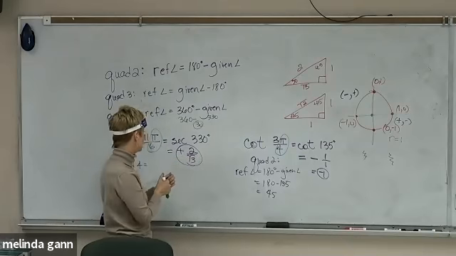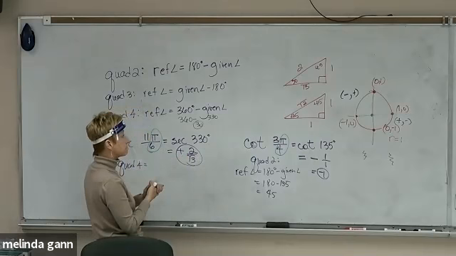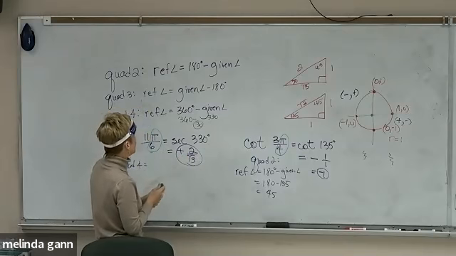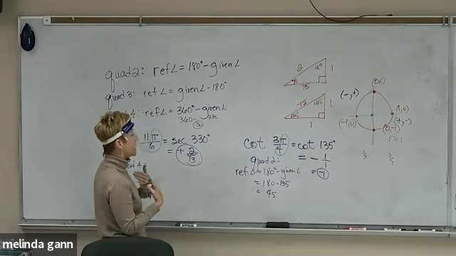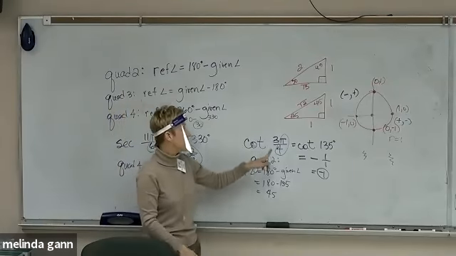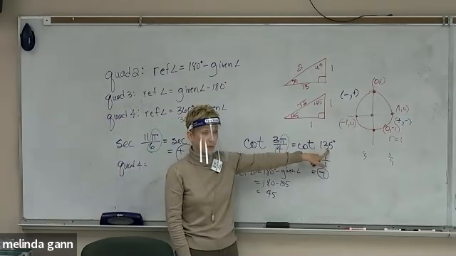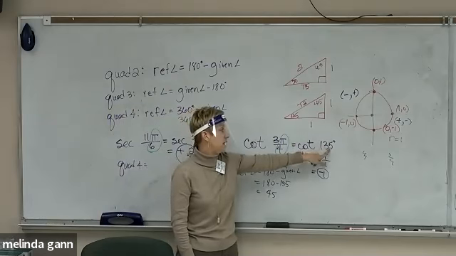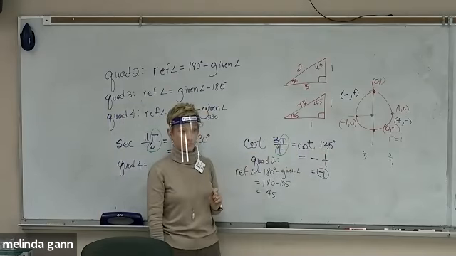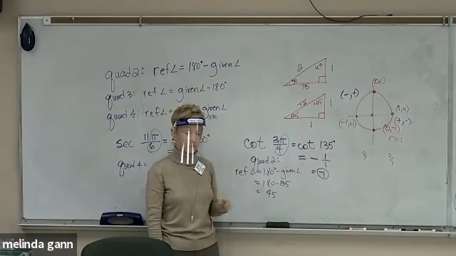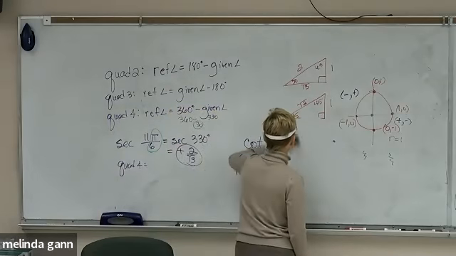All right, we okay? Now notice what I'm doing here. I'm giving you the angle and I'm wanting the answer. Everybody clear? Because I'm about to flip it on you, like on the review sheet. What if I give you the answer and I want the angle?